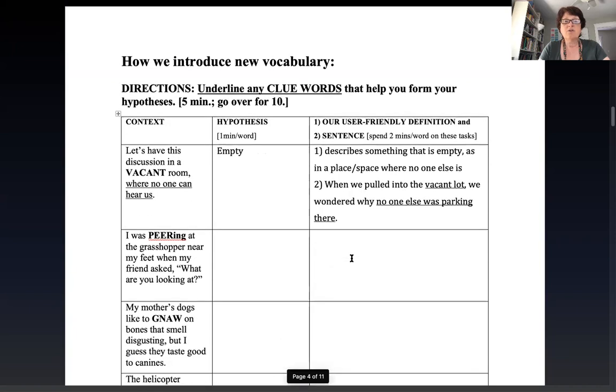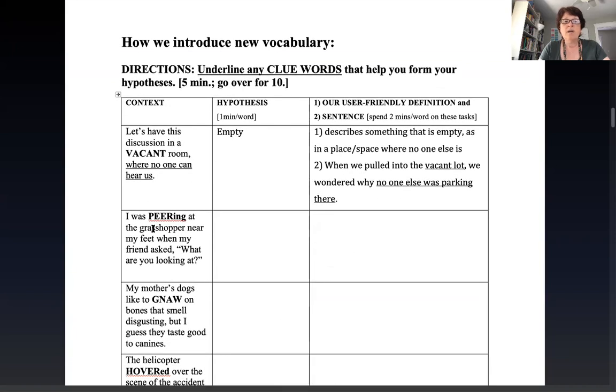You may notice as you're looking at this handout that we have the root word that we're defining in uppercase and the ending in lowercase. The reason for that is just to remind students that when they're creating the user-friendly definition, they're doing it with the correct part of speech, so there's no confusion. So we're looking at peer, the verb peer, to peer.